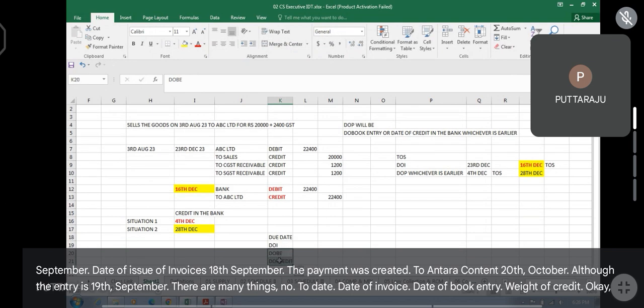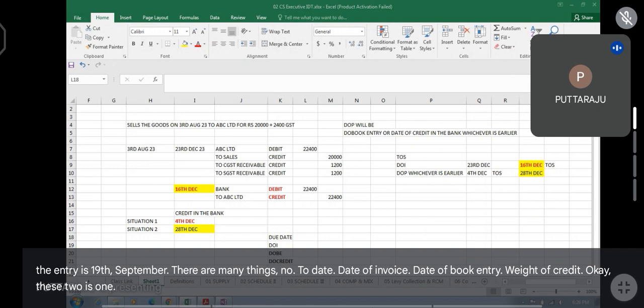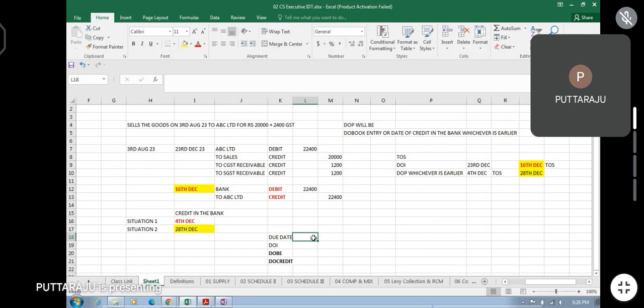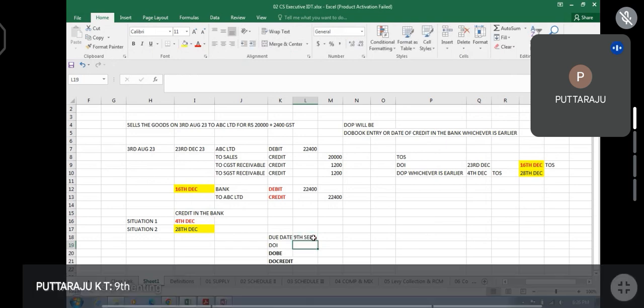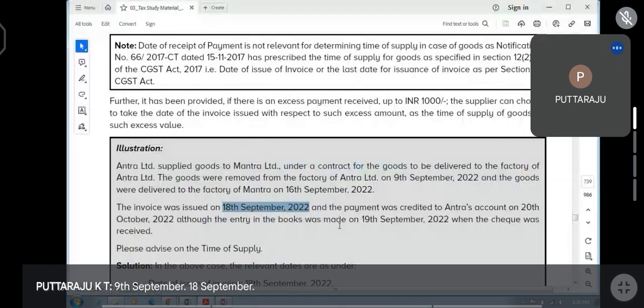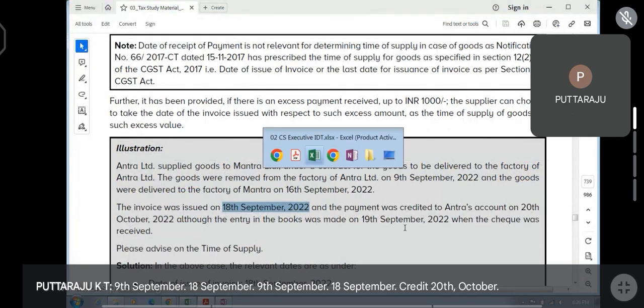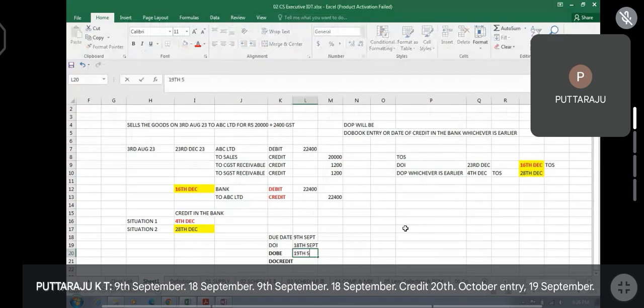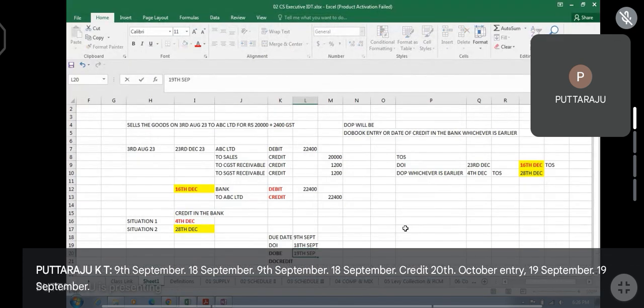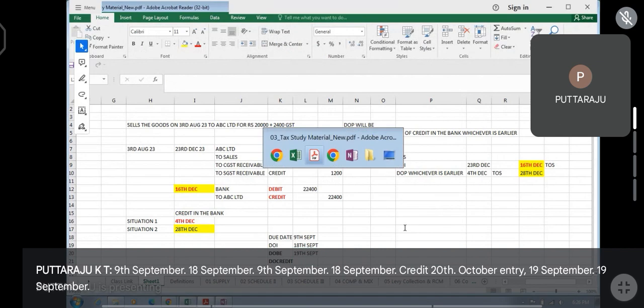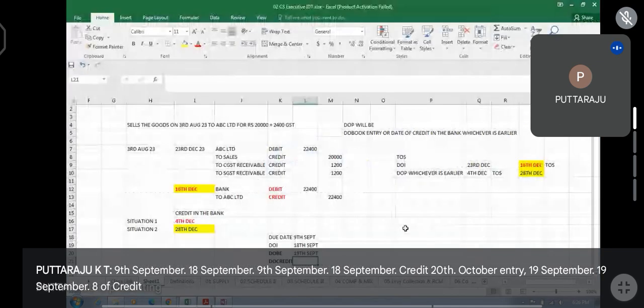The due date is 9th September, the invoice date is 18th September, the entry is 19th September, and the credit is 20th October.